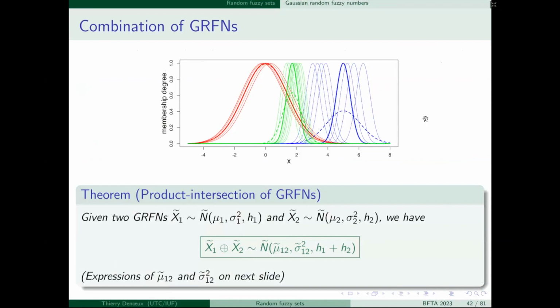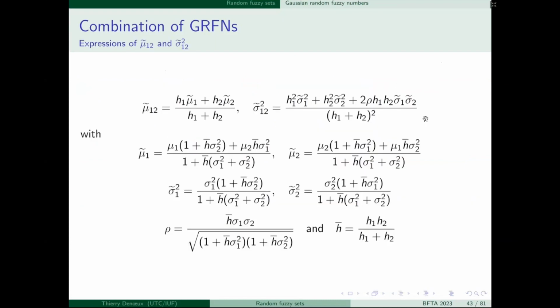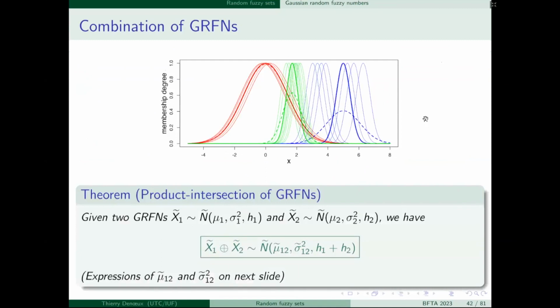The precision is just the sum of the precisions. For the mean and the variance, you have more complicated formulas, given here. You don't need to look at them in detail, just know that they can be computed. The main thing is that when you combine two Gaussian random fuzzy numbers by the product intersection rule, you still have a Gaussian random fuzzy number.